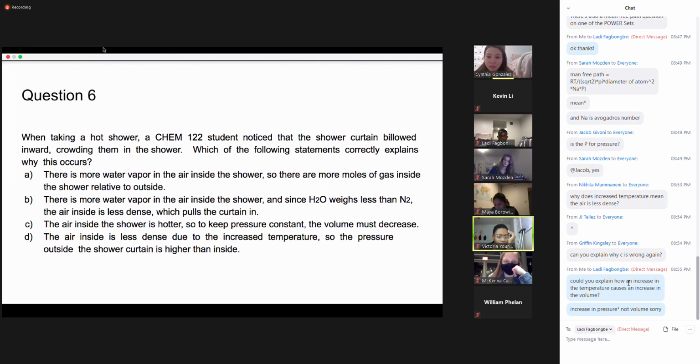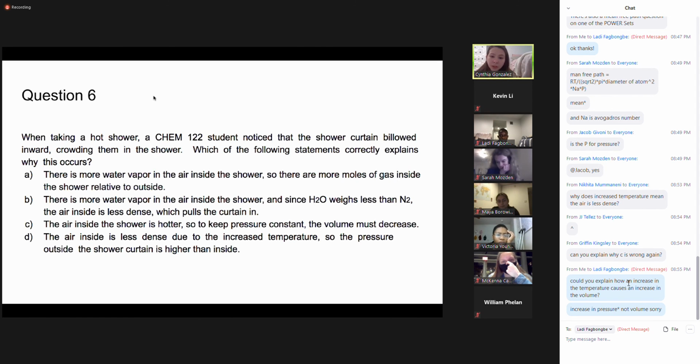So in theory, yes, if they were actually colliding with the wall with more force, then the pressure would increase, and it would do the opposite of what we're saying. But because we're saying that it's becoming less dense and diffusing, there's less actually hitting that wall, and so the outer force is going to push it in.